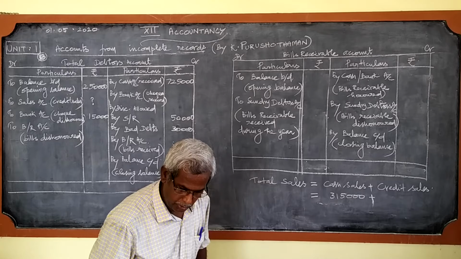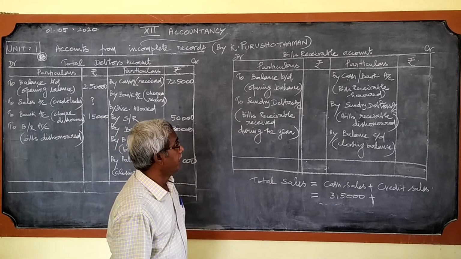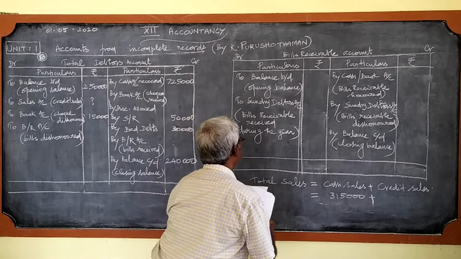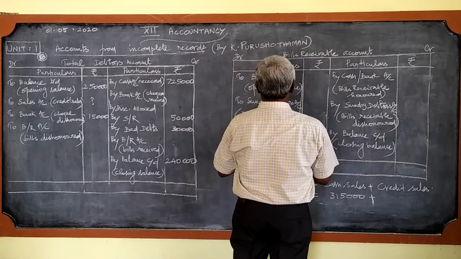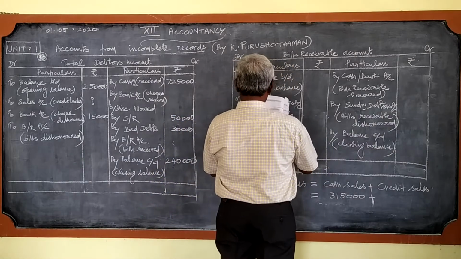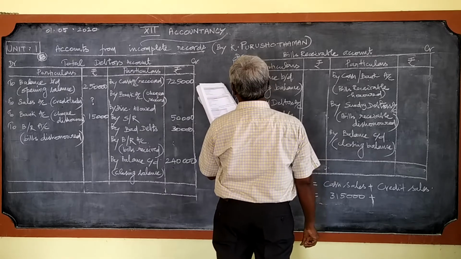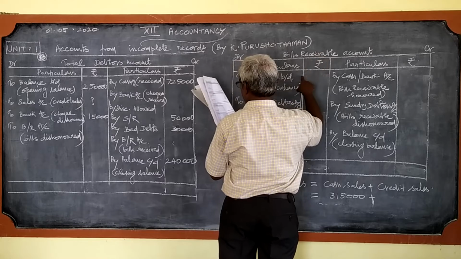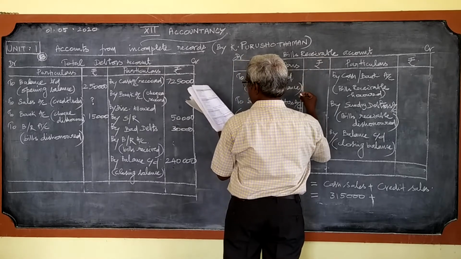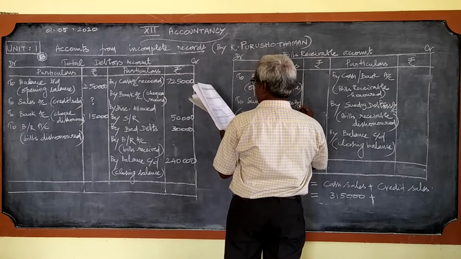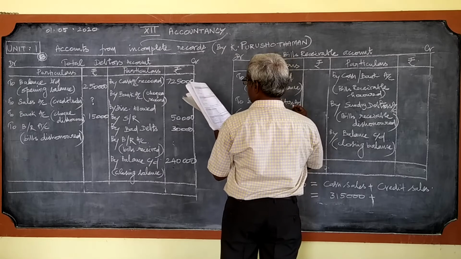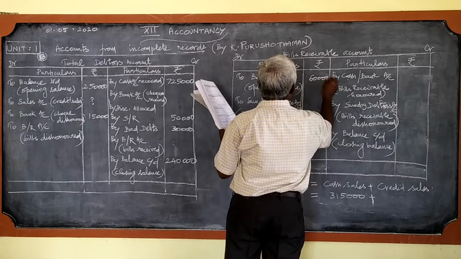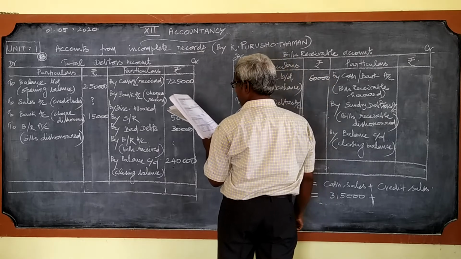Okay, we shall pass on to the format where we can substitute the values from the problem. Here bills receivable on 1st April, that is the opening balance of bills receivable, is 60,000.